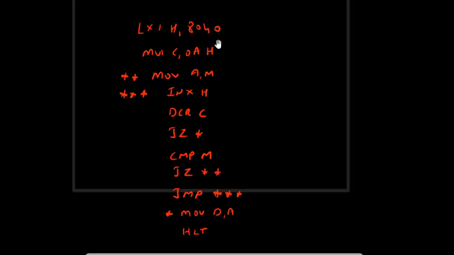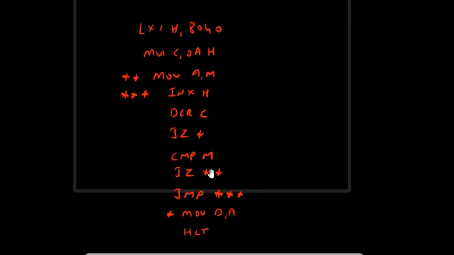If the second data byte in memory is larger than A, we transfer that larger data byte into A and compare with the third memory location data. If the third memory location data is smaller, then we don't interchange, we compare with the fourth one. So our strategy is that we always keep the larger data byte in A, and finally after executing the entire program, the largest data will be in register A and we transfer it into D.